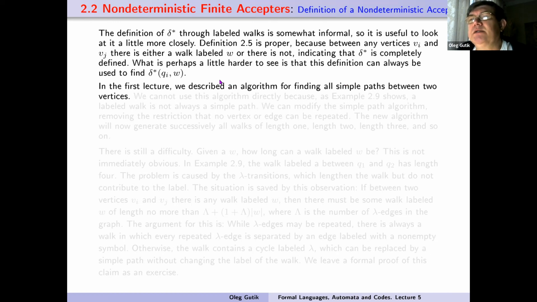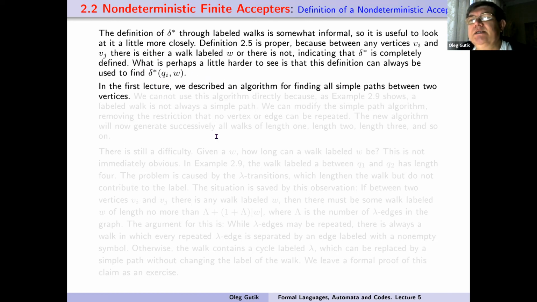What is perhaps a little harder to see is that this definition can always be used to find delta star of Q_i, w.